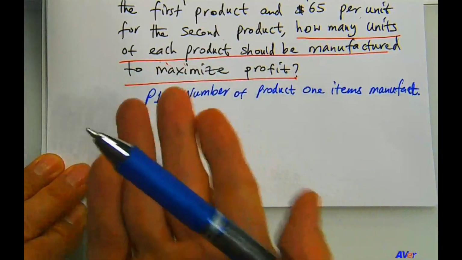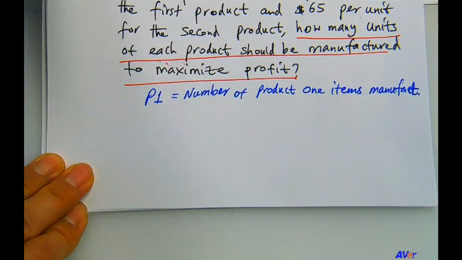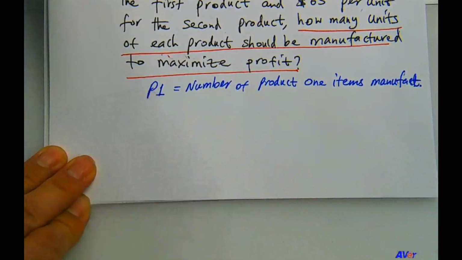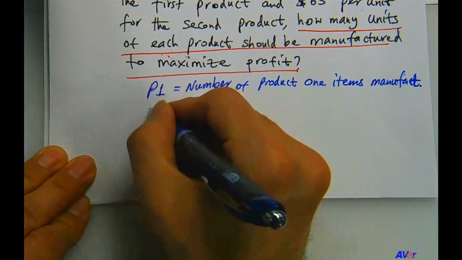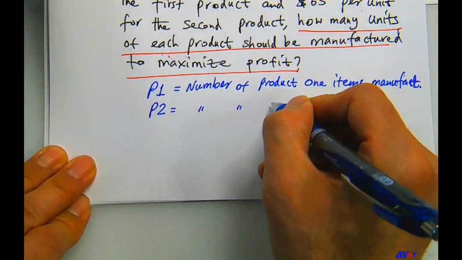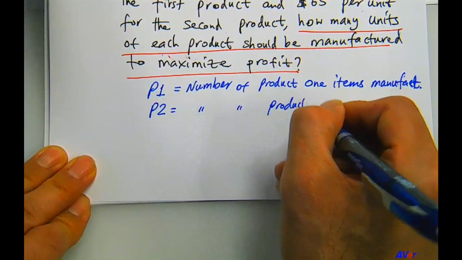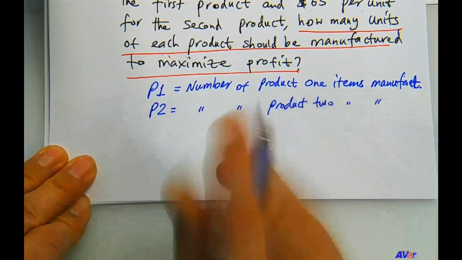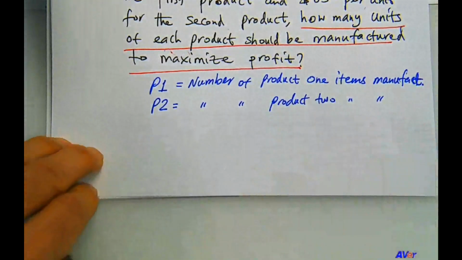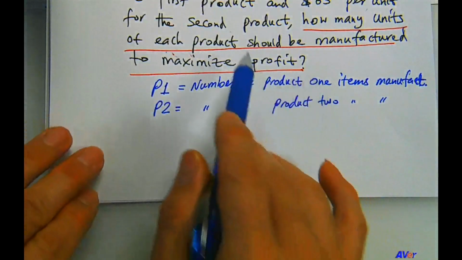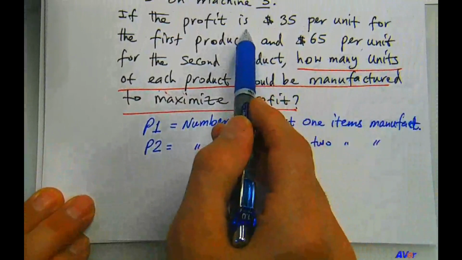This is the step you have to do for all kinds of word problems in any class. You have to introduce variables first. Then P2, the number of product 2, or the second product, items manufactured. Now that we have these variables, let's construct our objective function.